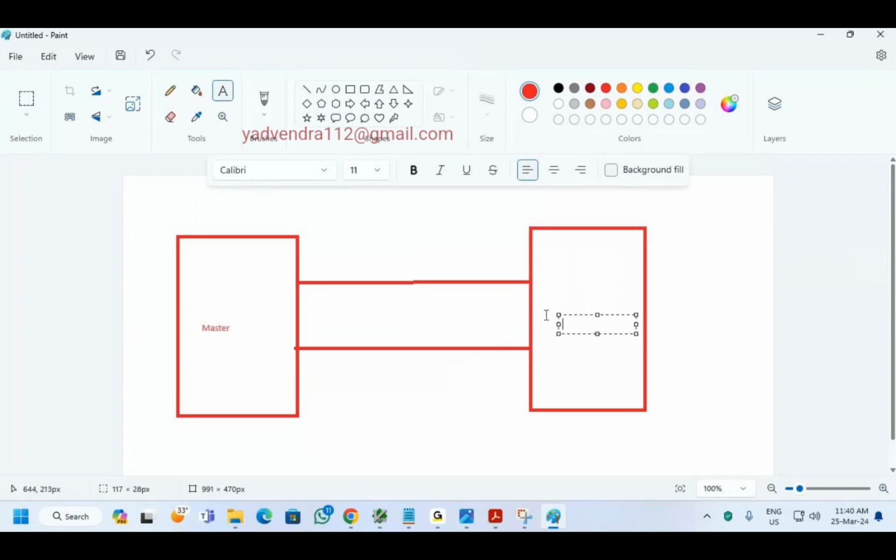Master, slave, read data and response channel.